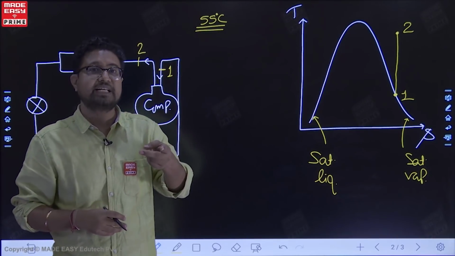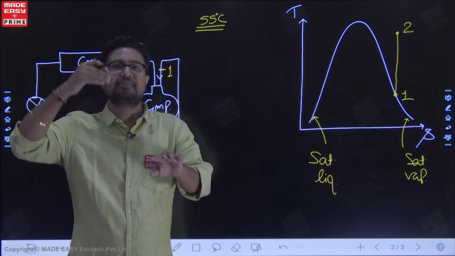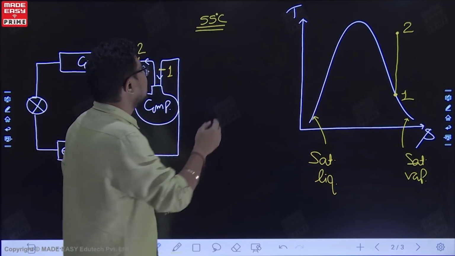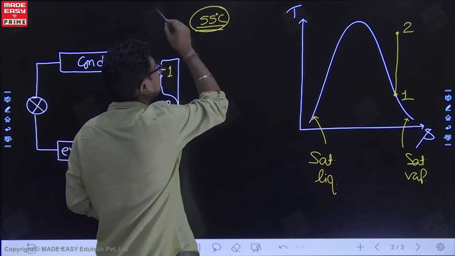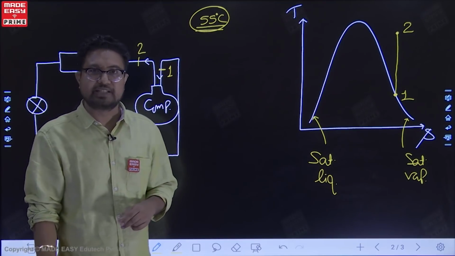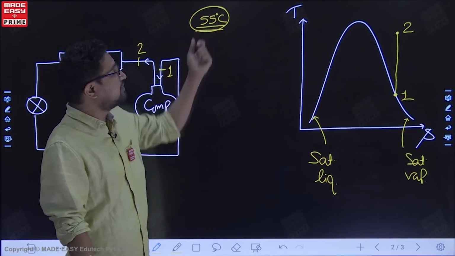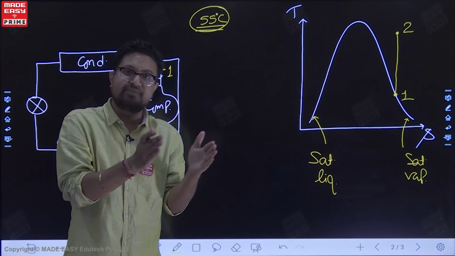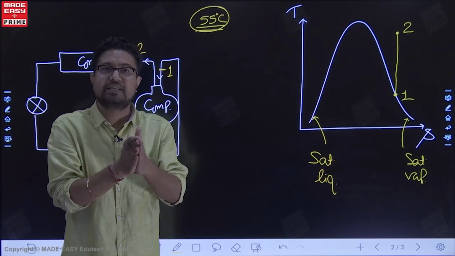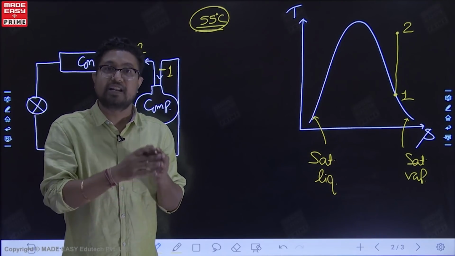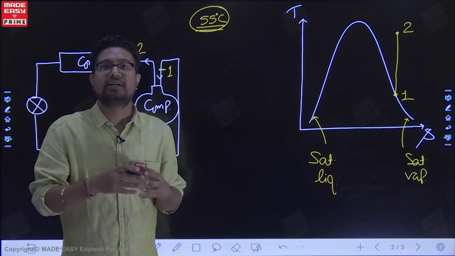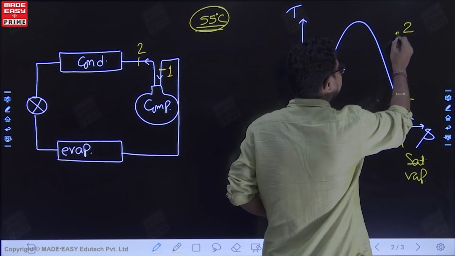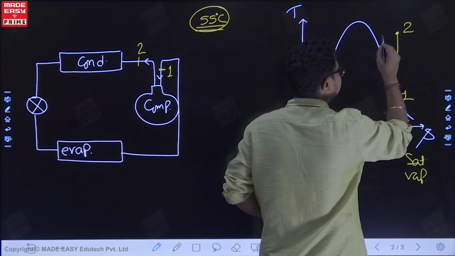If you want to reject heat at 120, you should bring the steam at 2 atmosphere, right? So accordingly, if I want the refrigerant to reject heat at 55, I will see from the property tables what pressure of the refrigerant I should maintain. Suppose I got the value of pressure, I compressed up to that pressure.